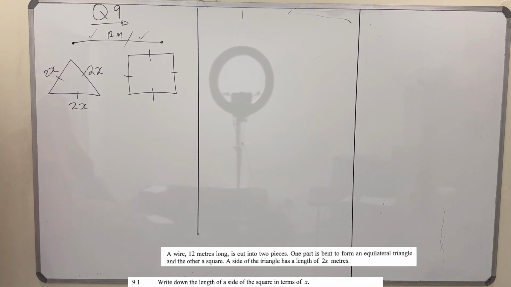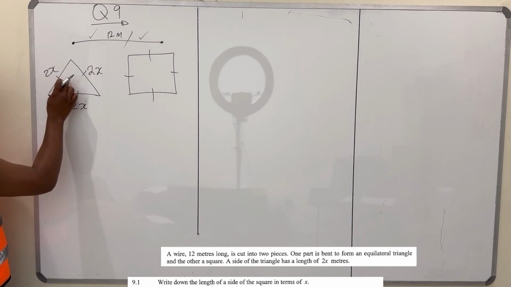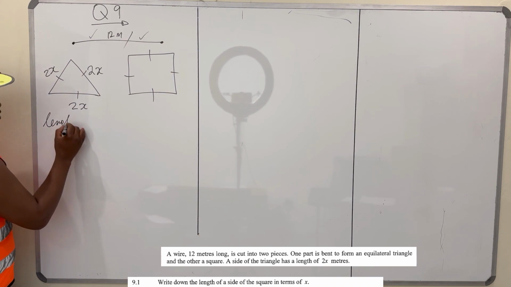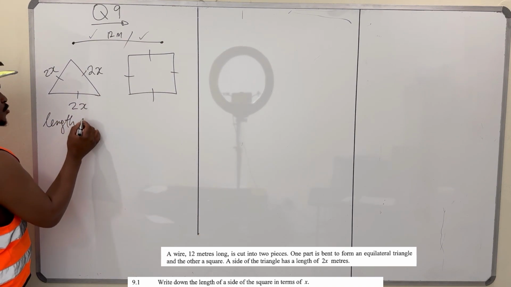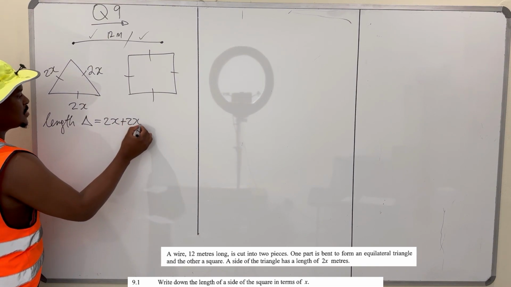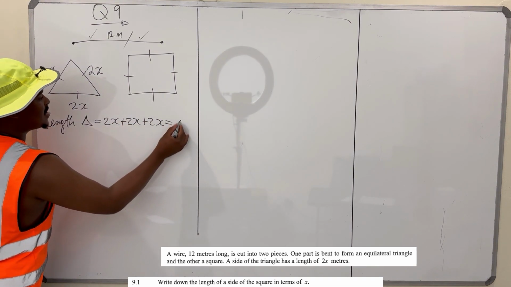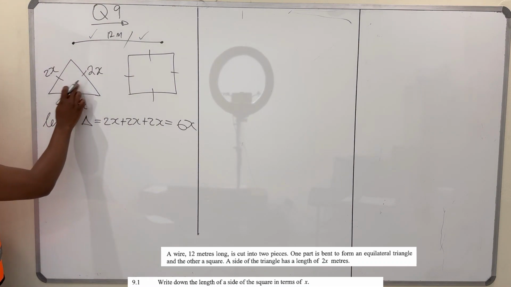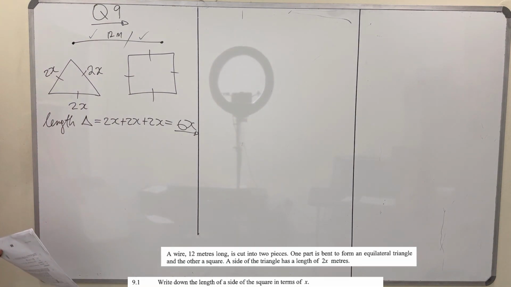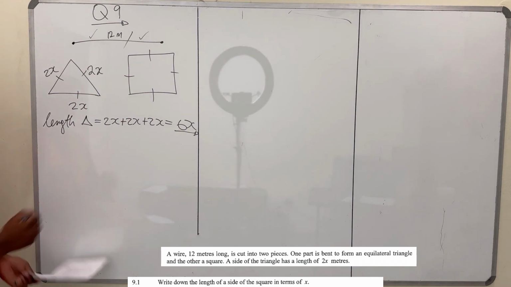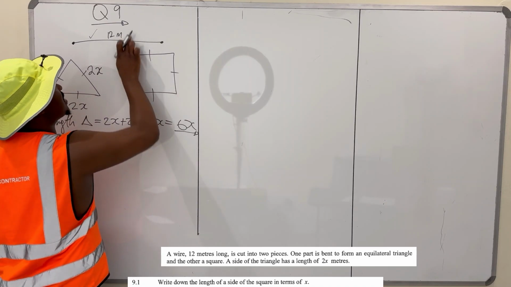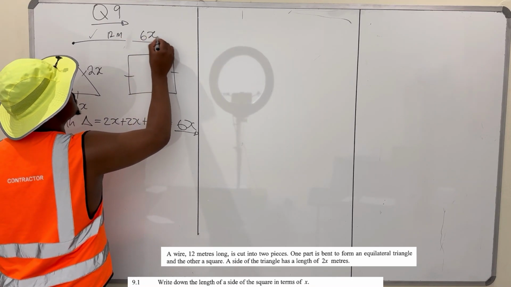That's what we know. So the length of wire used to form this triangle is equal to 2x plus 2x plus 2x. So to form this triangle, we use a total of 6x meters. This is the total length that we used. So the part that we cut out here is 6x meters.